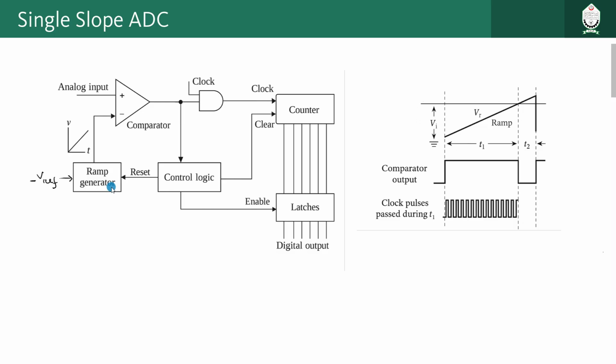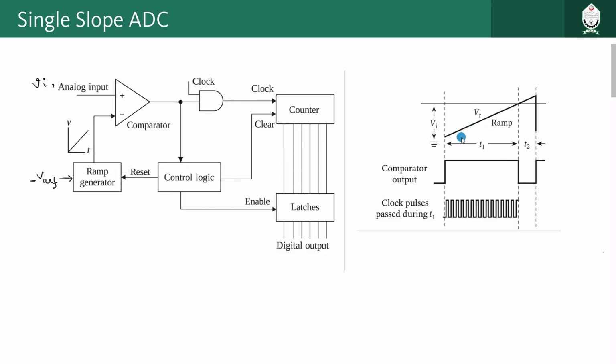And then we can start our process. Some analog voltage, or analog input Vi, will be given through the analog input, the positive pin. And because we have started the process, the RAM generator will start to increase its value. This is what we are seeing in these graphs. Starting from 0, the voltage at the output of the RAM generator gradually increases as time progresses, right?